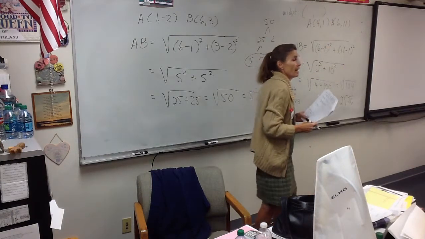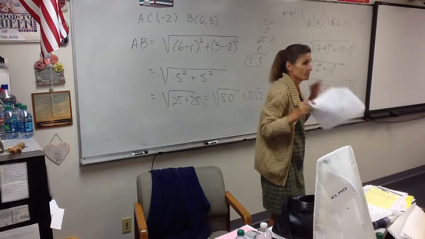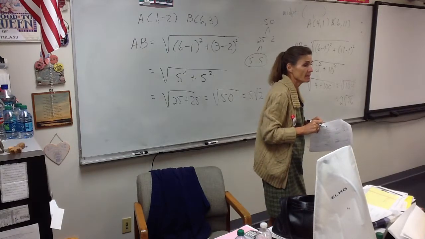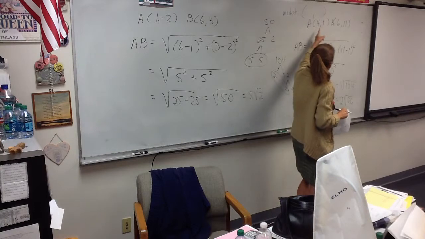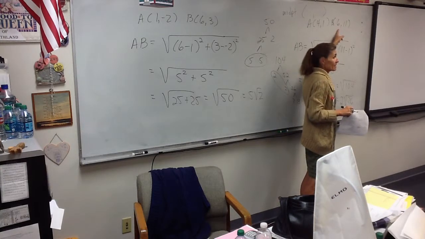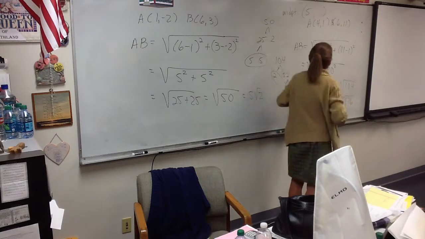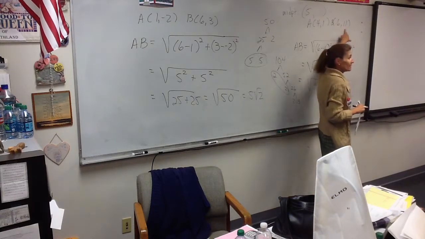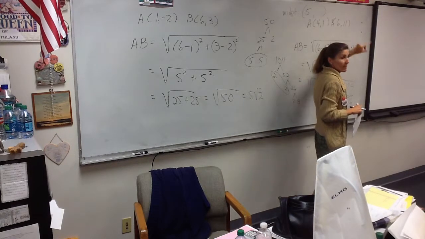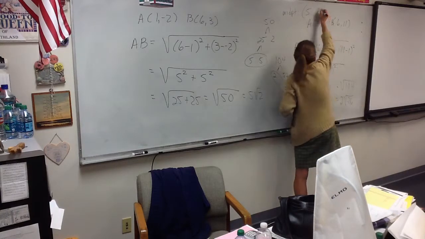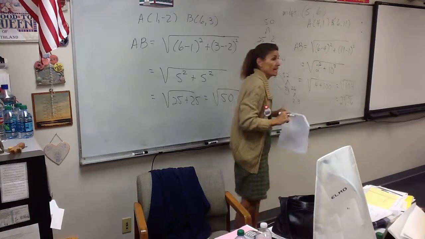And how do you average things? Add them and divide by 2. So 4 and 6 make 10, divided by 2 is 5. 1 and 11 makes 12, divided by 2 is 6. Done. That's the midpoint.